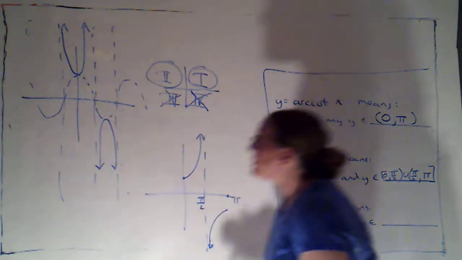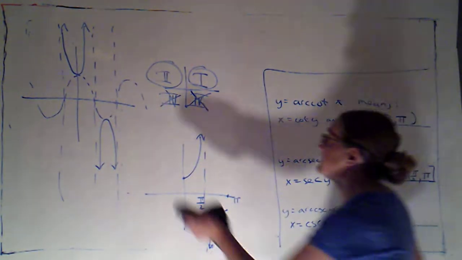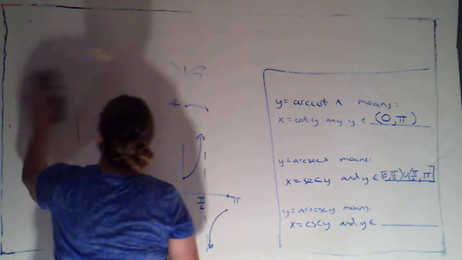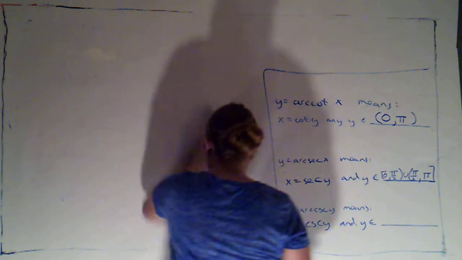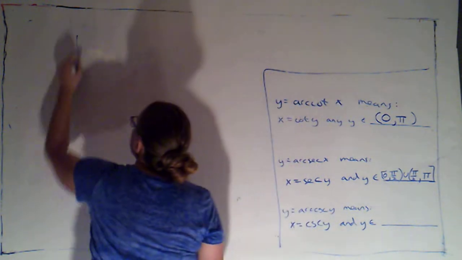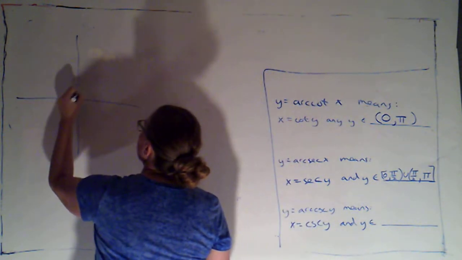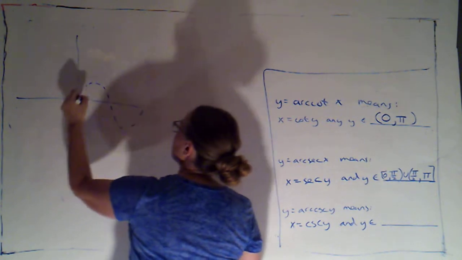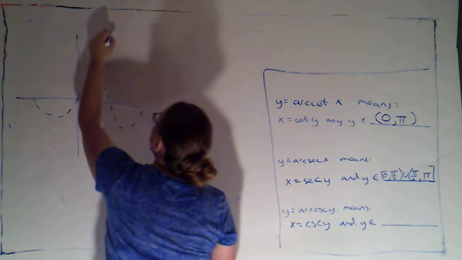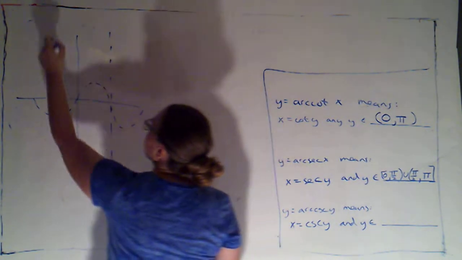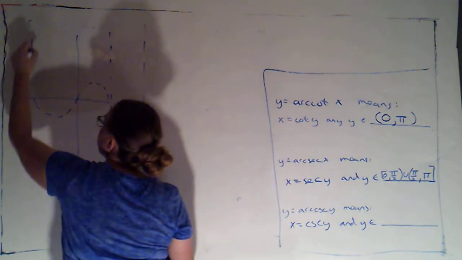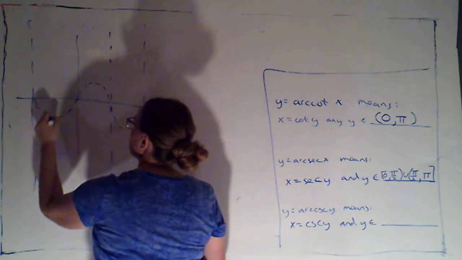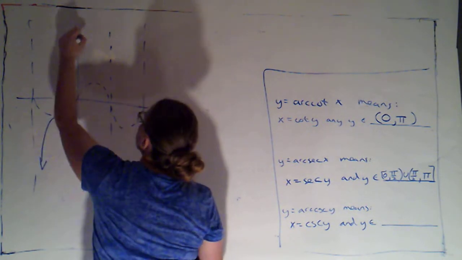Okay, cosecant's going to be similar. Cosecant, remember, is the reciprocal of sine. So if I draw sine as a dotted curve, wherever sine is 0, cosecant is going to have an asymptote. So cosecant looks something like this.